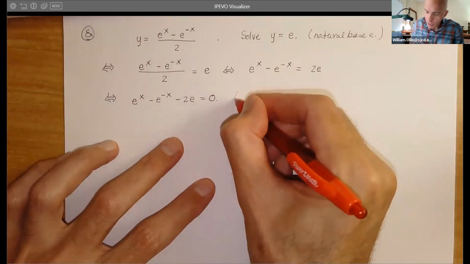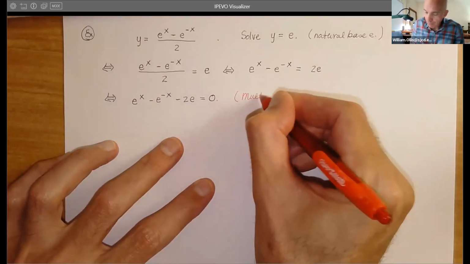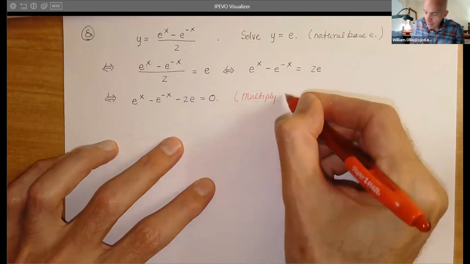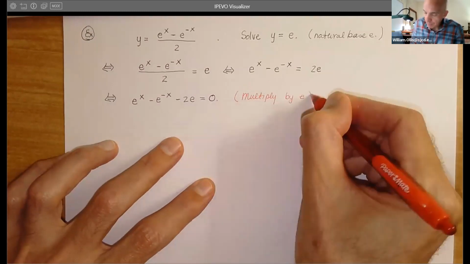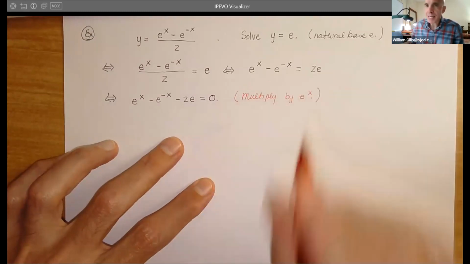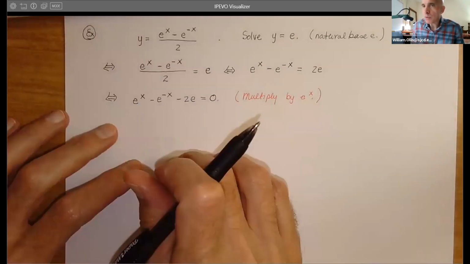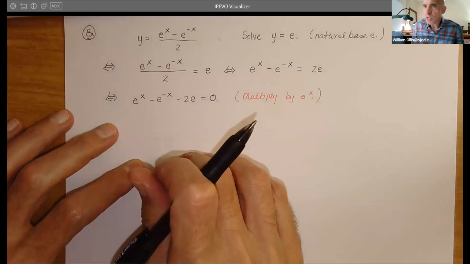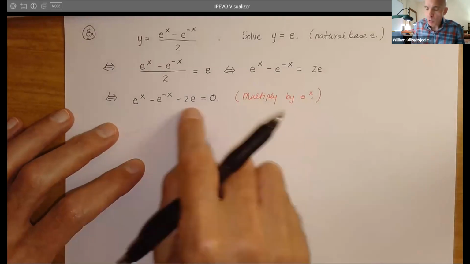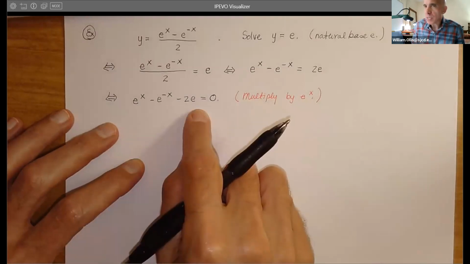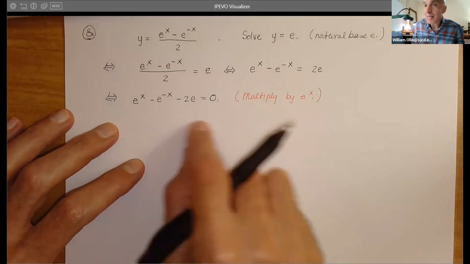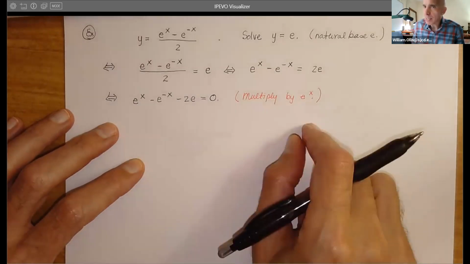So what we're going to do is multiply by e to the x. This is a standard technique in analysis, and it's what we've done when we've done something like a conjugate method. Here, we're going to transform this equation into a quadratic so we can analyze it and then see what it gives us.